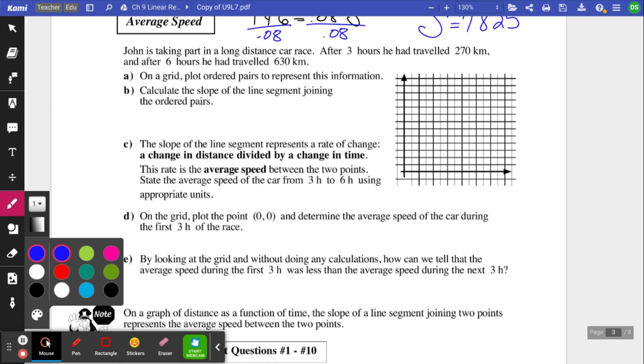Okay, so I'm going to say this is 1, 2, 3. So come up with a good scale, make it nice. And we're going to go up to 630 kilometers. Can I go at 50s?